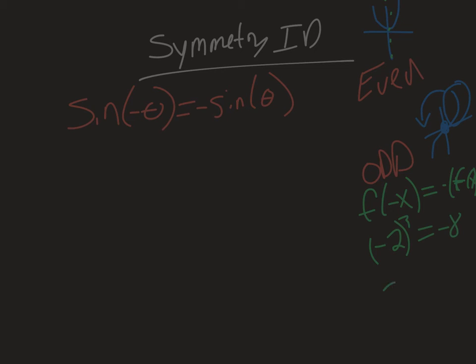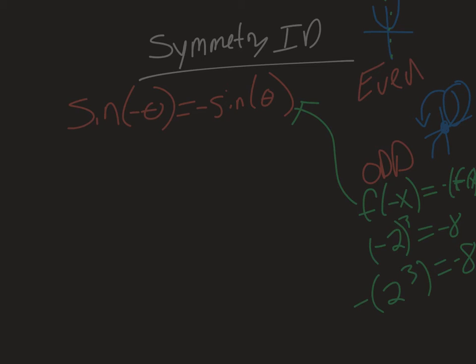That'd be the same as if I took 2, cubed it, and then made it negative after the fact. Two different ways of doing the same thing. It's just this relationship between them. And you may notice that's exactly what we have going on here. Sine is an odd function. It goes to the origin. It has that rotational symmetry.